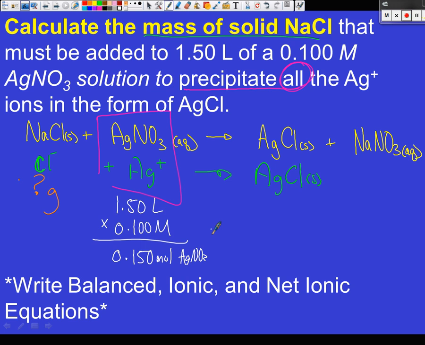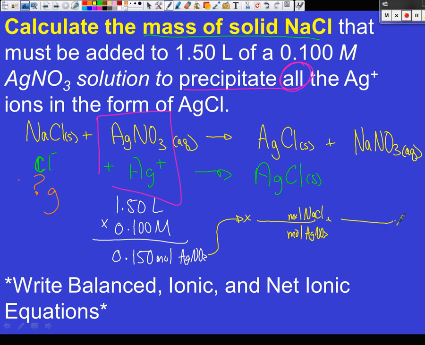Now I'm going to come over here and finish the rest. So now I'm already in moles. What's my next step? Mole to mole, so the moles of the AgNO3 to the moles of the NaCl.